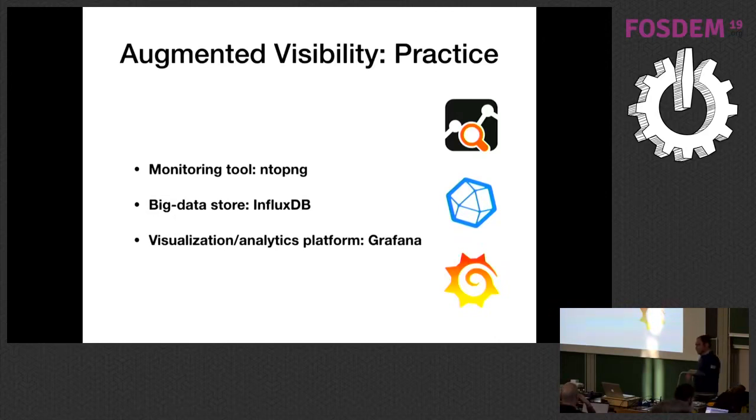So what I would like to focus on now is nTopNG, the monitoring tool, because I am one of the developers of nTopNG, and I would like to tell you how we brought nTopNG from 5 minute samples down to 10-second samples.